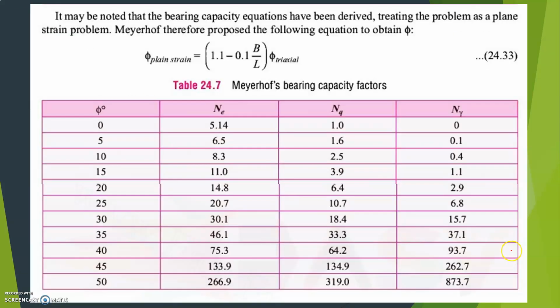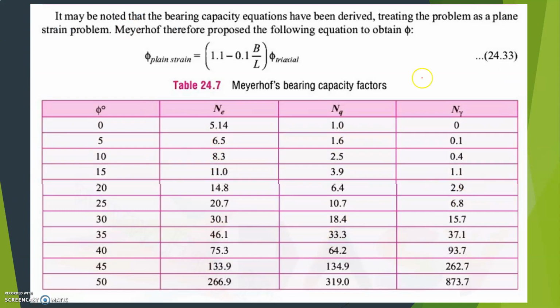So this is about Meyerhof's theory, and it may also be noted that the bearing capacity equations have been derived treating the problem as a plane strain problem. So he gave the equation to obtain phi equal to 1.1 minus 0.1 times B divided by L, of phi triaxial. Okay, so this is about Meyerhof's theory.